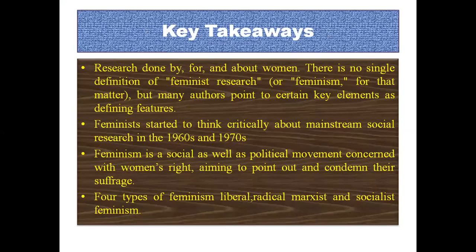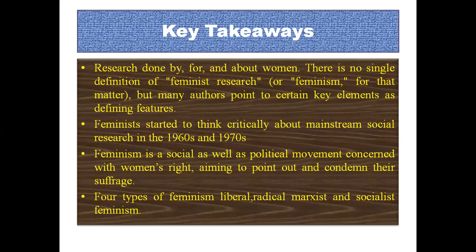Key takeaways: feminist research is research done by women, for women, and about women. There is no single definition of feminist research, but many authors point to certain key elements as defining features of it.